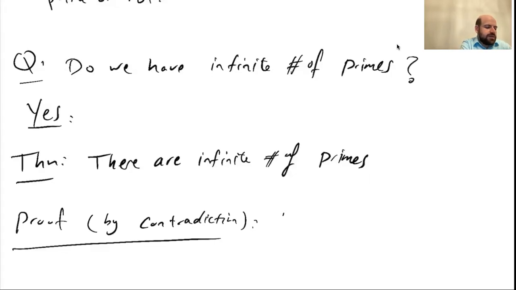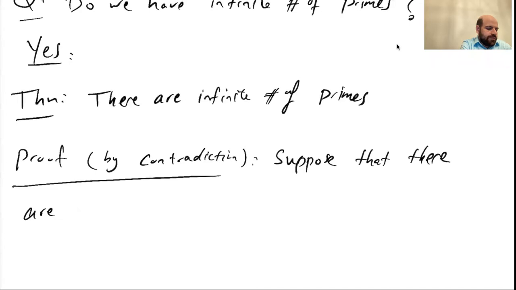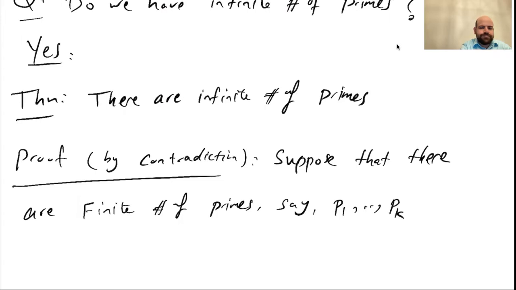So suppose that there are a finite number of primes, say, for example, P1 to Pk. Okay, so these are all the primes that we have.